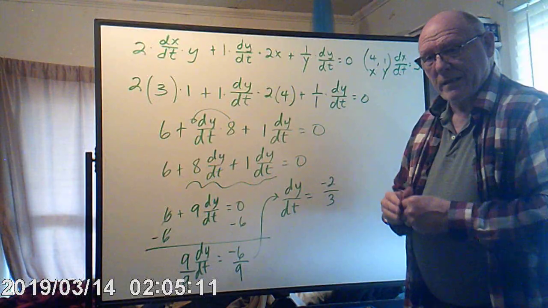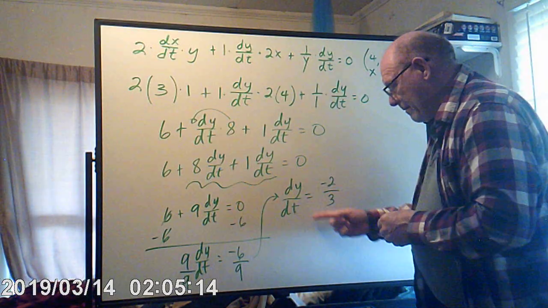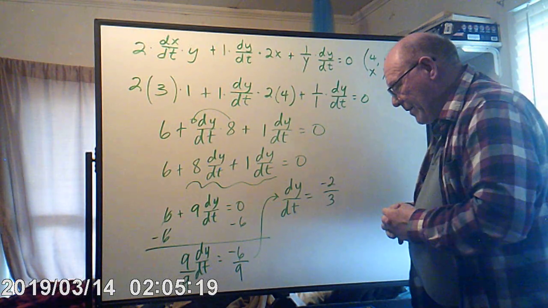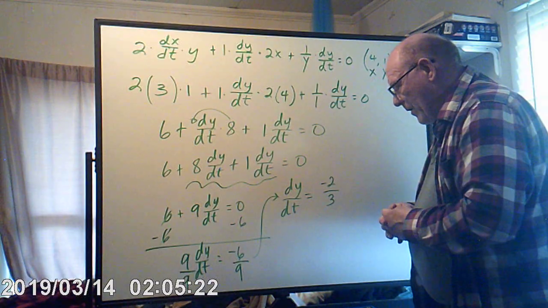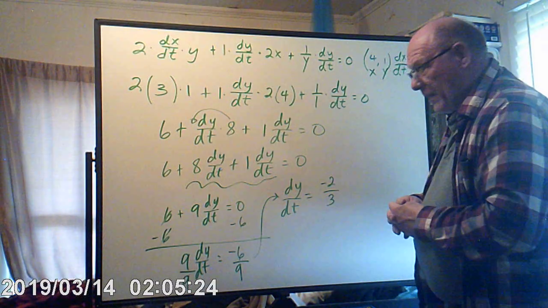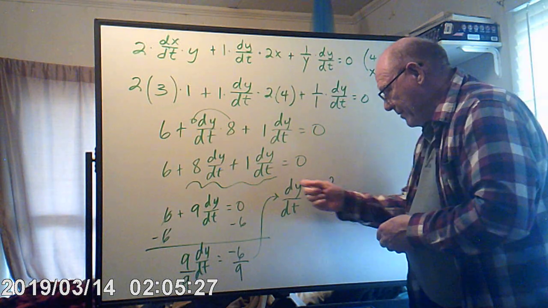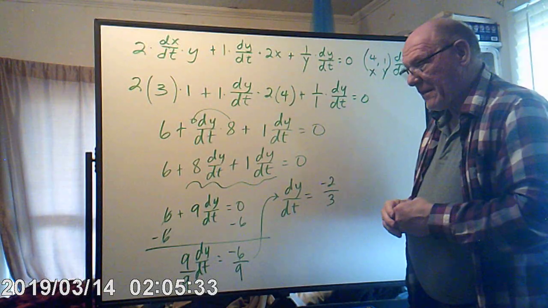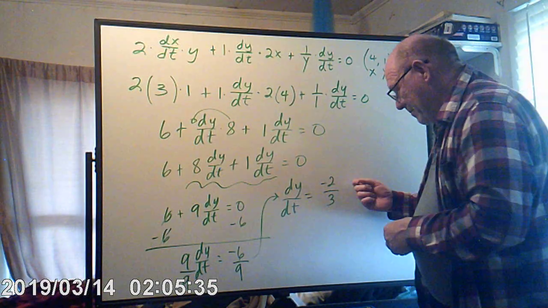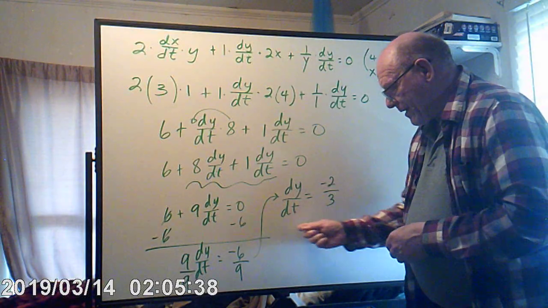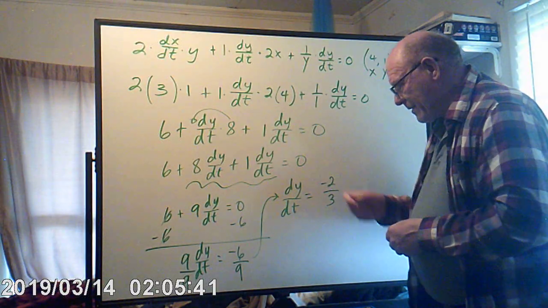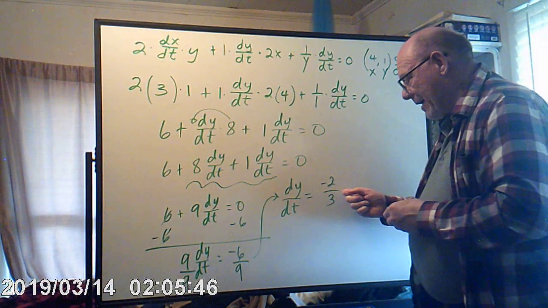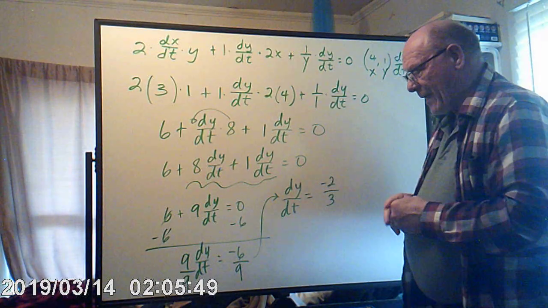So this rate is in the negative. You might say that this rate is decreasing at a rate of 2/3, and if we're in meters per second, dy over dt, which is negative 2/3, you could say is decreasing at a rate of 2/3 meters per second.